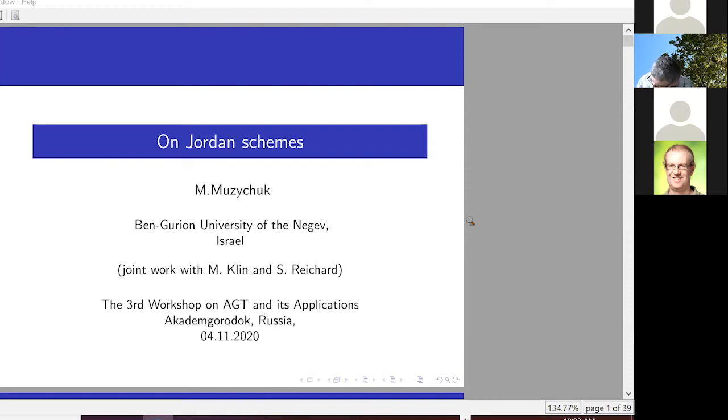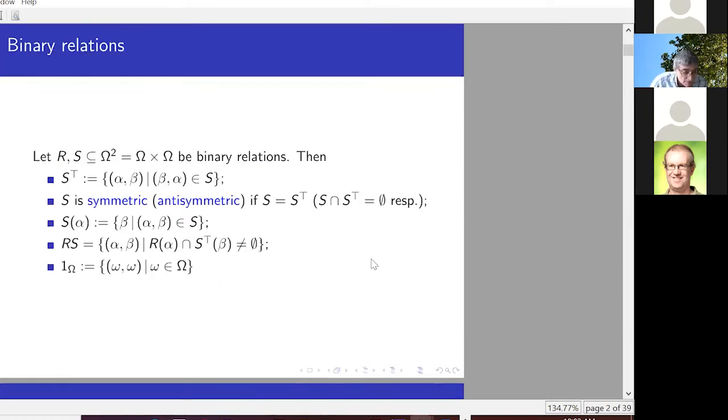Right, so let me start with a notation. I use pretty standard notation for binary relations, just capital letters. Transposed is denoted in the usual way.